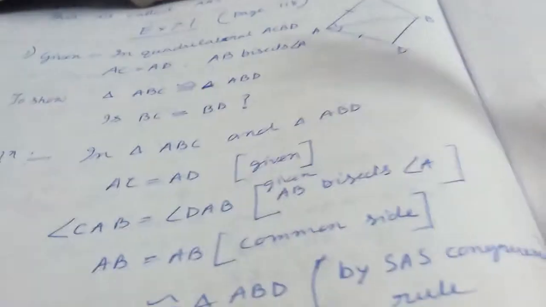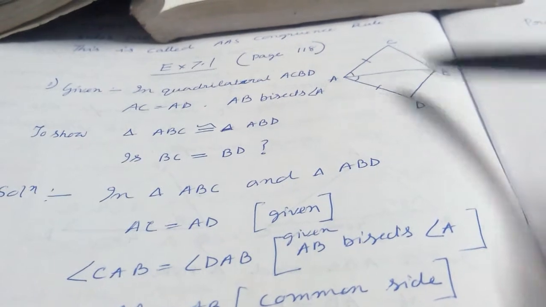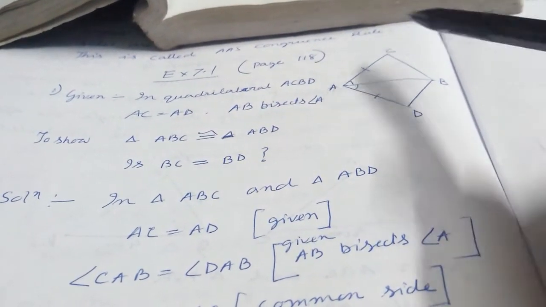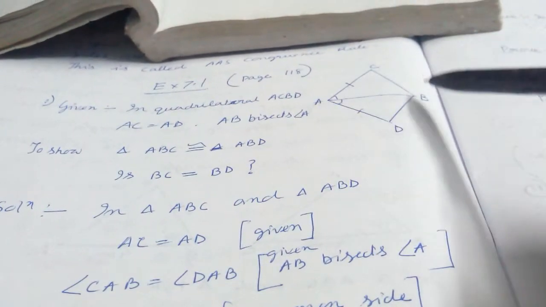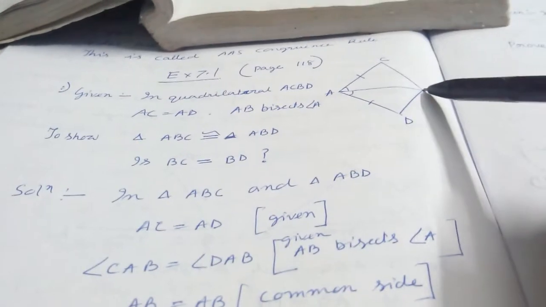Now solution. In triangles ABC and ABD, AC is equal to AD, given. Angle CAB is equal to angle DAB and AB is the common side.